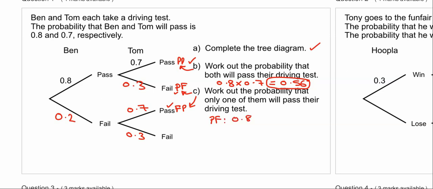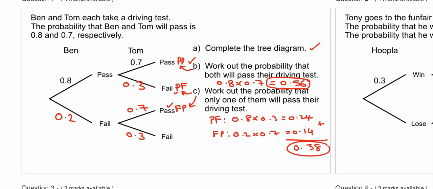That's going to be 0.8 times 0.3, which is 0.24. Then we've also got the fail by Ben and the pass by Tom. So that's going to be 0.2 times 0.7, which is 0.14. Then at this stage we need to add, so it's going to be 0.38. So that's question 1 done.